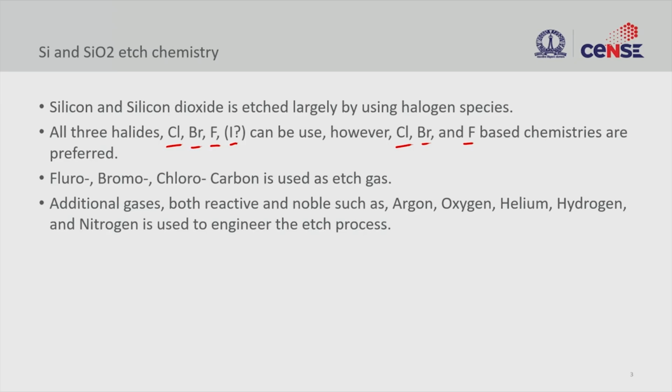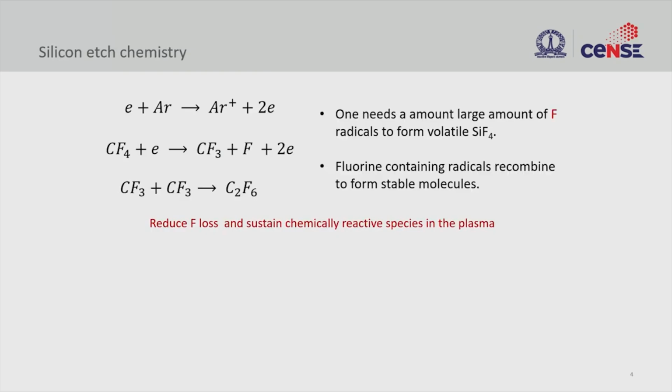In addition to the reactive gases, we also add some reactive and noble gases for dilution and for enabling the reaction. A few of them are argon, oxygen, helium, hydrogen, and nitrogen, to name a few. This helps us in engineering the plasma and also the chemistry. We will look shortly at how these chemistries work.